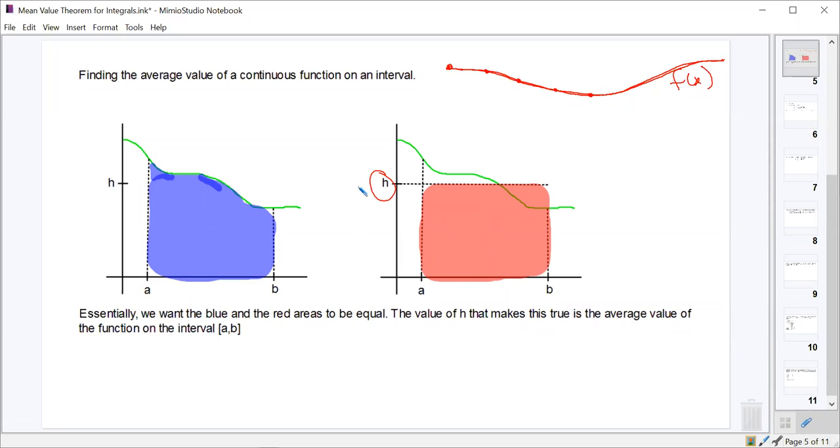So we want to use just a little bit of calculus to make h our average value of the function, and we want to solve for h.